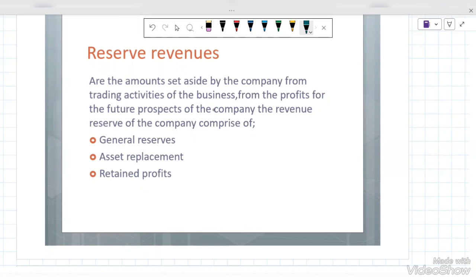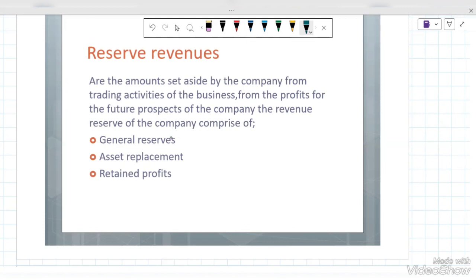If a company doesn't want to sell their shares, or doesn't want to take out any loan, and just sets aside a specific amount from their profit, it will be very beneficial for the business, because they don't have to pay any interest to debenture holders, or pay any dividend to the shareholders, whether ordinary shareholders or preference shareholders. So it is very important for the business to keep some amount from the profits.